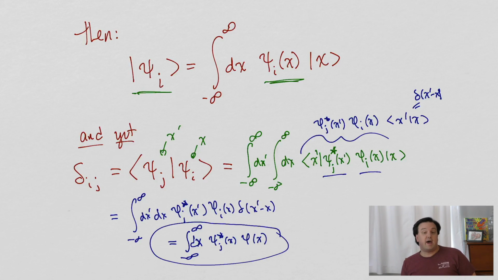If I know what psi j is and what psi i is, right, I can do this integral over all space, and that better be the Kronecker delta, right? That is, this integral better either vanish if i is not equal to j, or it must be 1, right, if i is equal to j. And if this reminds you of what we did when we did Fourier series, that's good, right?